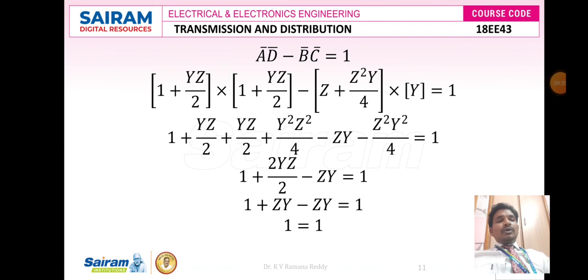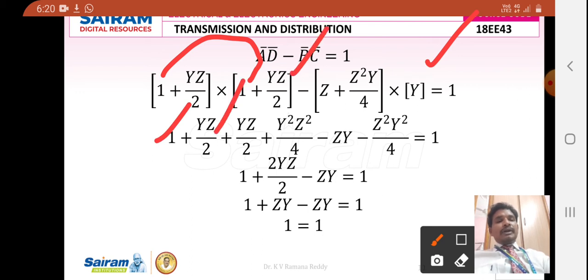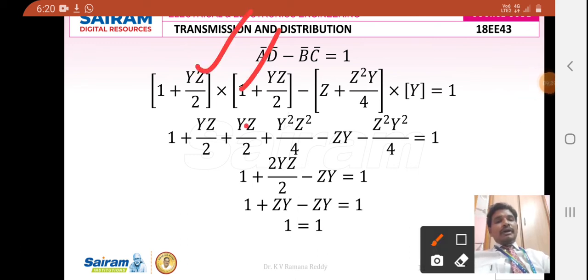Now I substitute A bar, D bar, B bar, C bar here. I got this equation. Multiplying 1 with 1, we get 1, again 1 with YZ/2, we get YZ/2. Again multiplying YZ/2 with 1 gives YZ/2, and YZ/2 with YZ/2 gives Y squared Z squared/4.